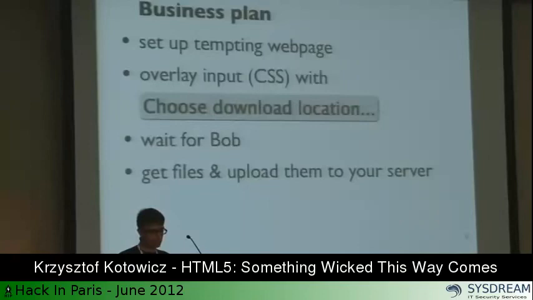And when he thinks that he's actually choosing a download folder for any file that me, the website, wants to download to his hard disk, he's going to choose, for example, I don't know, his desktop or downloads folder. But instead of me downloading that file for Bob, he's uploading the whole directory to me, the attacker, and I get access to all the files from the folder he chose.